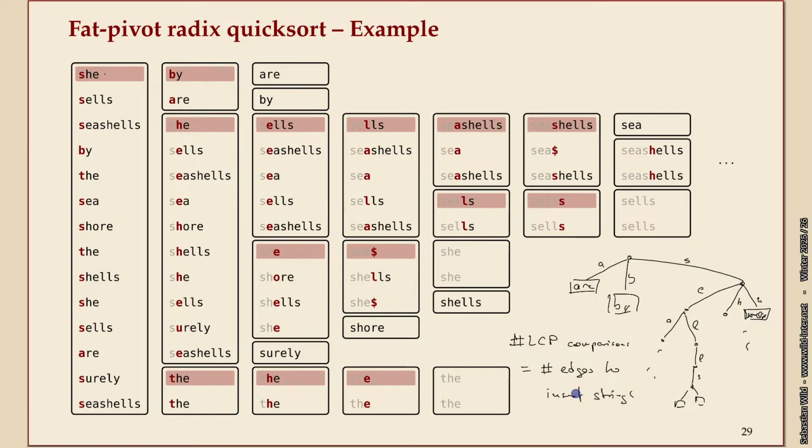If you were given the strings as a list and you were to check, are they in sorted order, you would compare the first and second. Well, you have to compare the first characters for doing that. Then the second and third, at some point you might have "cells" and "cells". We know that they're equal, but the algorithm doesn't, so it has to compare all the characters. And that's precisely these paths down here.